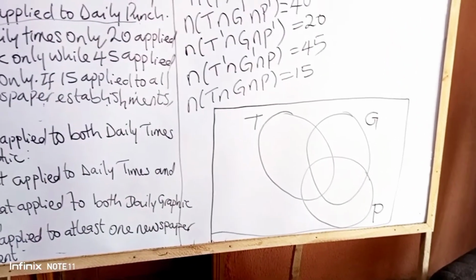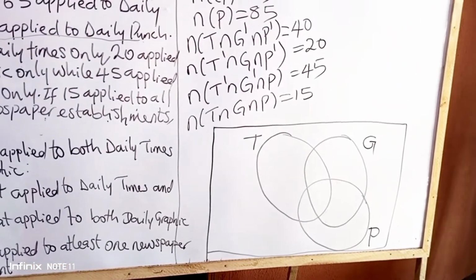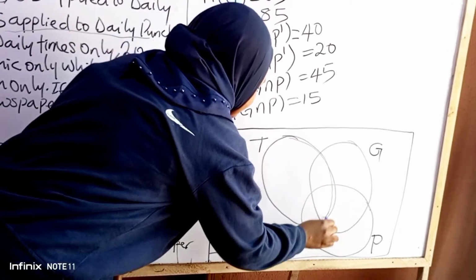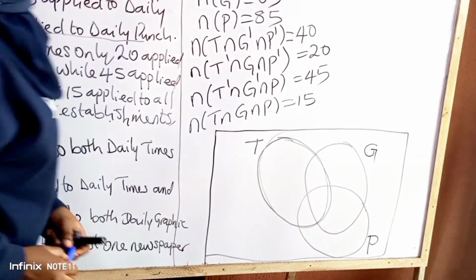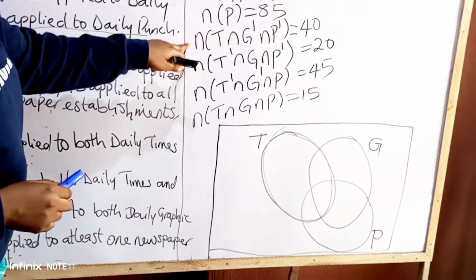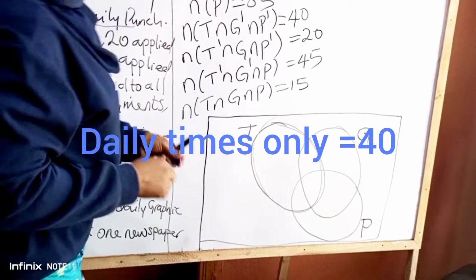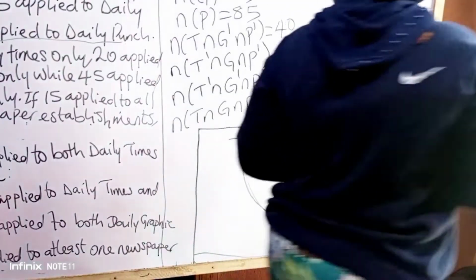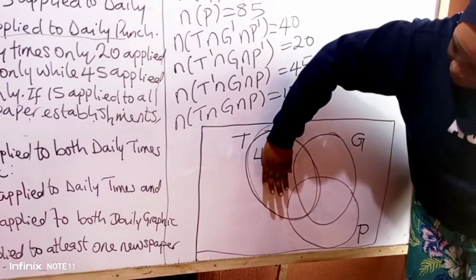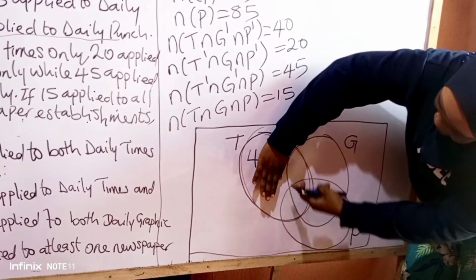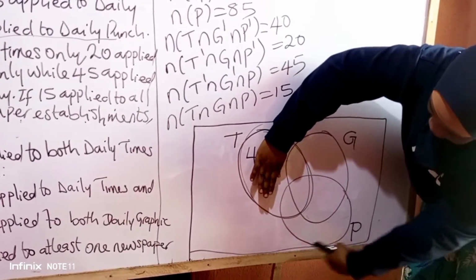Now, cardinality of T, that is everything you can find in T. So T only, that is Daily Times only, is equal to 40. So I'm going to write that 40 here. If I cover this side, you can see that it doesn't have anything with Daily Graphic and Daily Punch.